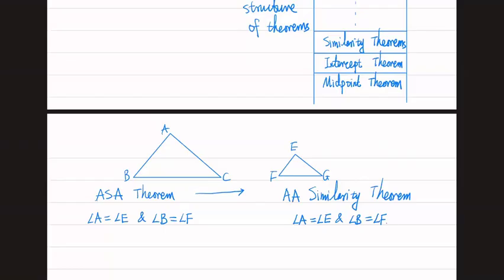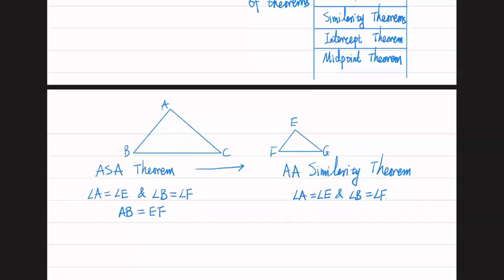For the congruence, we need another condition. The side between the two connected angles, AB equals EF. Under these three conditions, we have congruence.